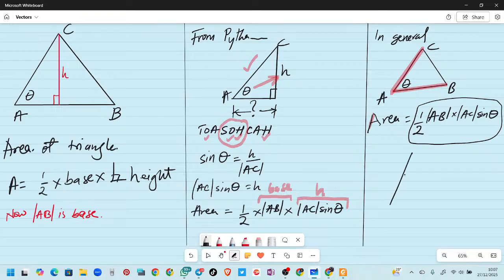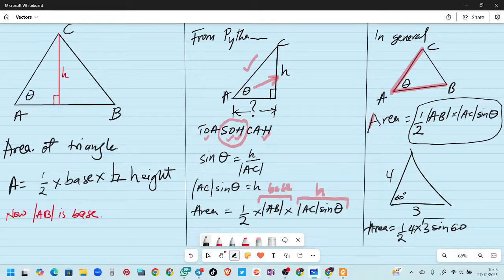So if I give you something like this, 4, 3, and I give you an angle here, let's say an angle of 60 degrees, what will be the area of the triangle? The area of the triangle is going to be half 4 times 3 sine 60. Are you okay?